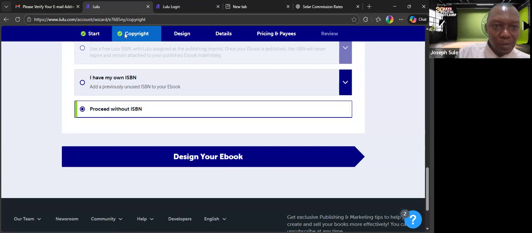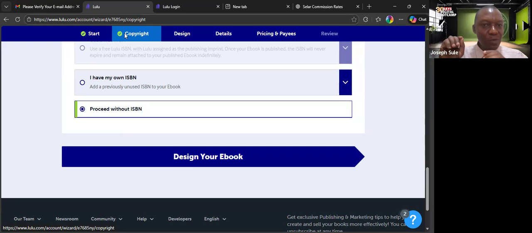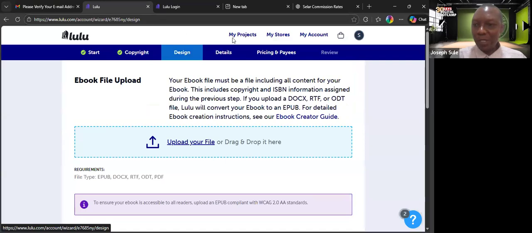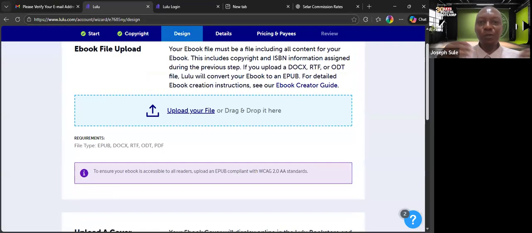So observe again, under this column, copyright, I have a tick, meaning all information I've entered so far are correct. Now I can go to the design level of publication. And what is the design level? This is where you upload your book cover and your book content proper. All this other information are just metadata, info about the book.